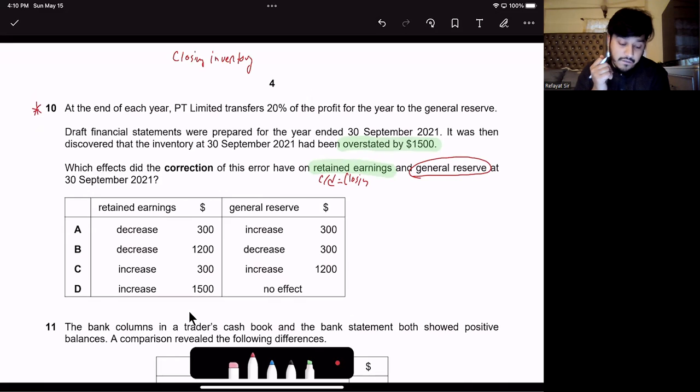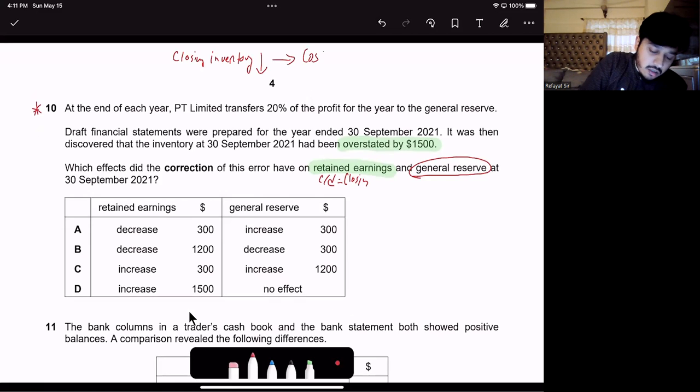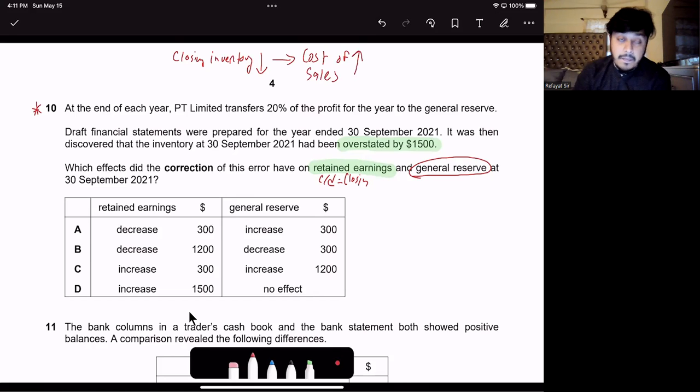So if closing inventory decreases, the negative value decreases, then cost of sales definitely increases. If cost of sales increases, then gross profit decreases. If gross profit decreases, then net profit will also decrease.